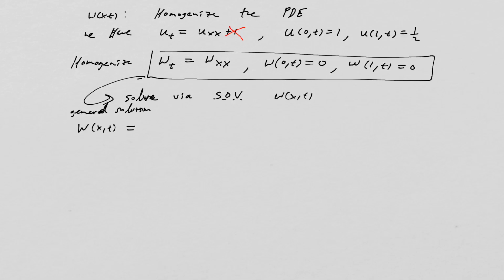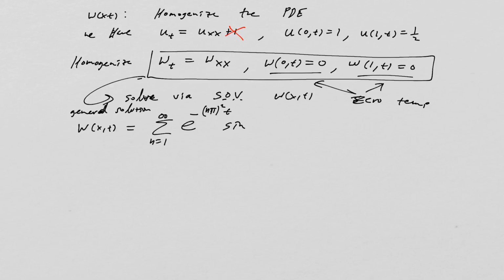Because we have basically zero temperature boundary conditions, we have a specific solution. It's going to be the sum, from n equals 1 to infinity, of e to the negative (n pi) squared t times sine n pi x.